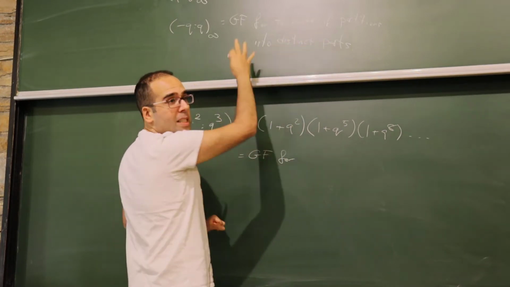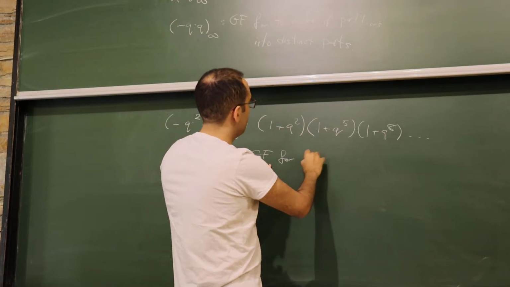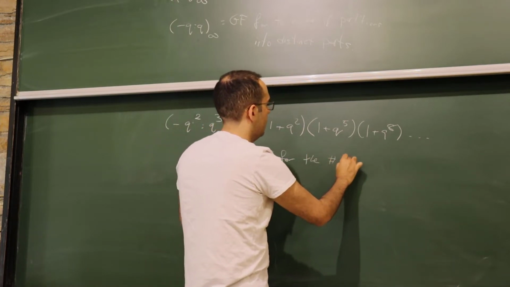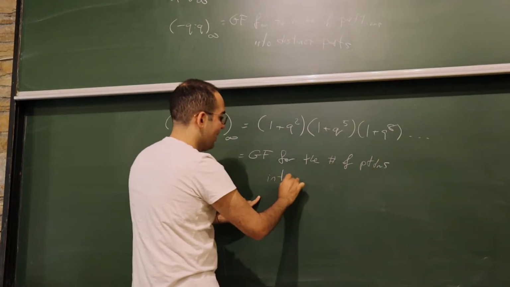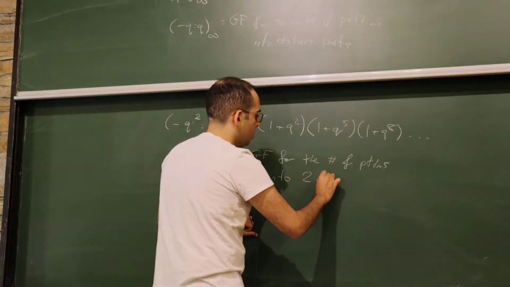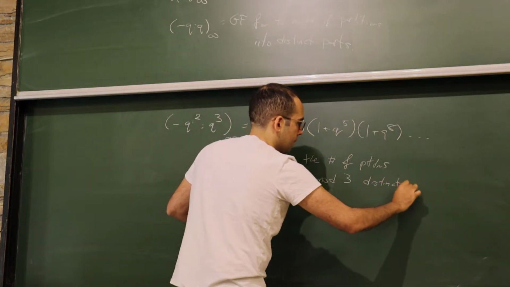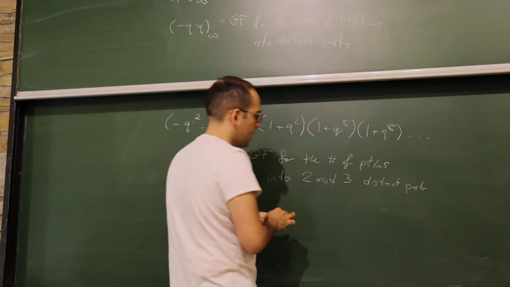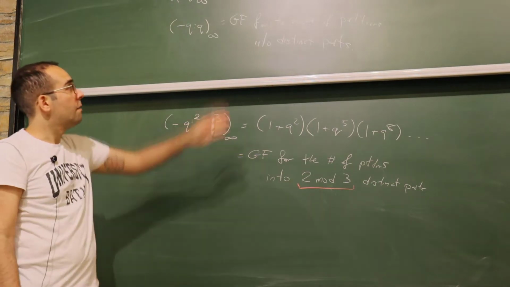So this is the generating function for, I'm basically going to repeat what I said here, but I will add one more condition. Generating function for the number of partitions into, this time, 2 modulo 3 distinct parts. This is the new addition to the class.